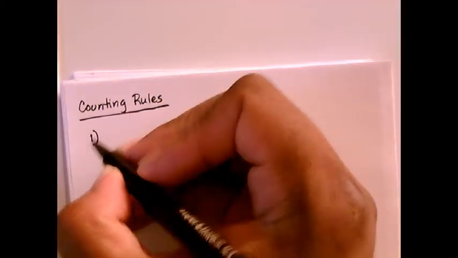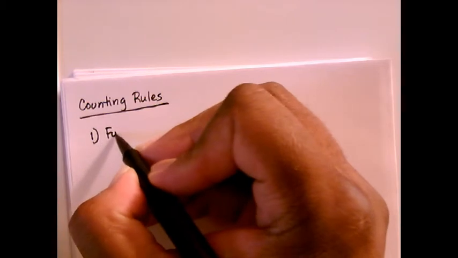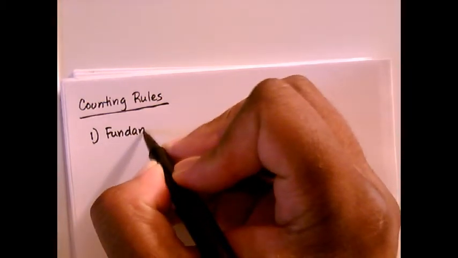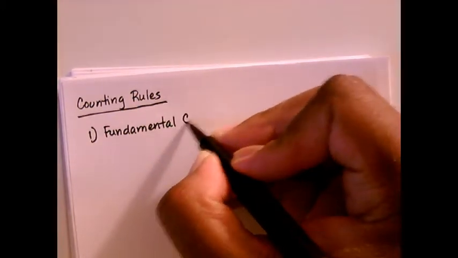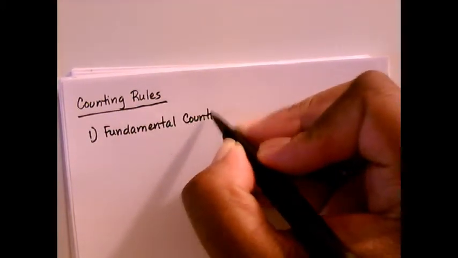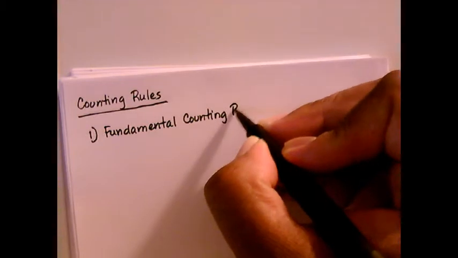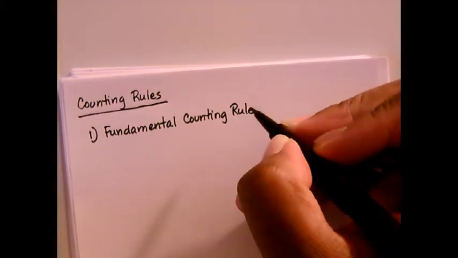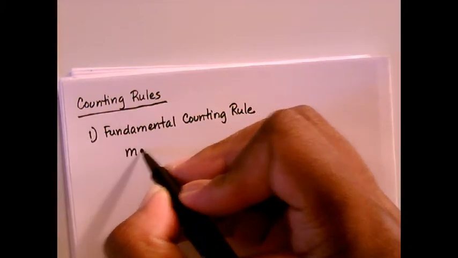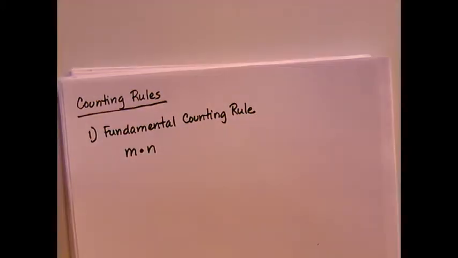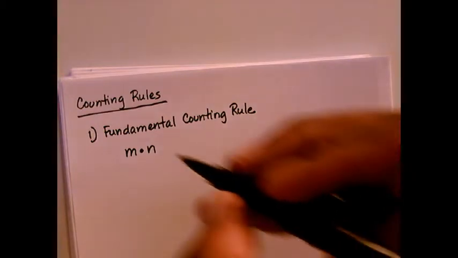And one of them is the fundamental counting rule. That fundamental counting rule is just simply m times n. Okay?